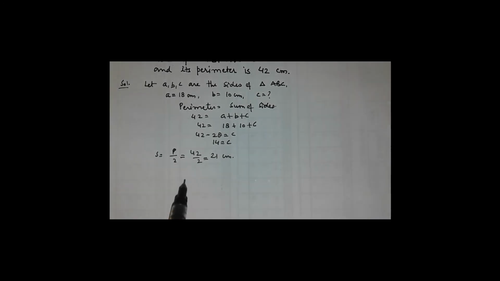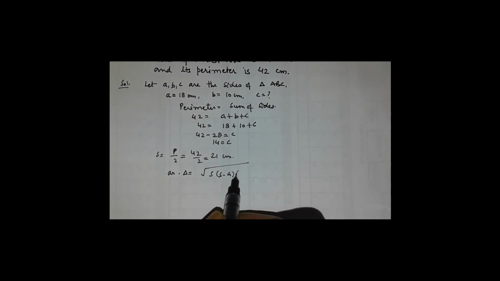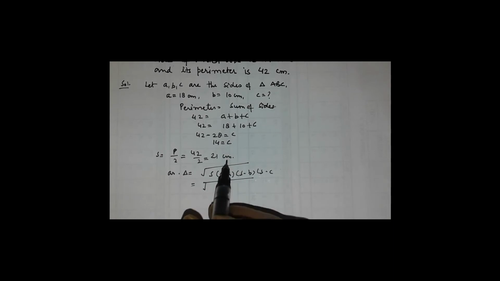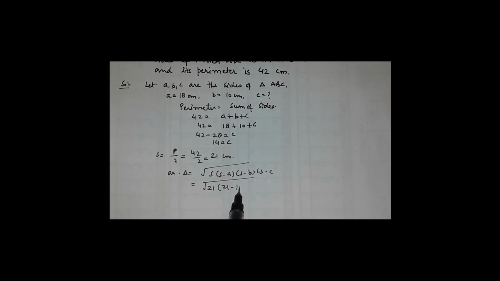Area is equal to the square root of s(s minus a)(s minus b)(s minus c). Put the values. s is equal to 21. So 21 minus a, which is 18, 21 minus b, 10, and 21 minus c, that is 14.